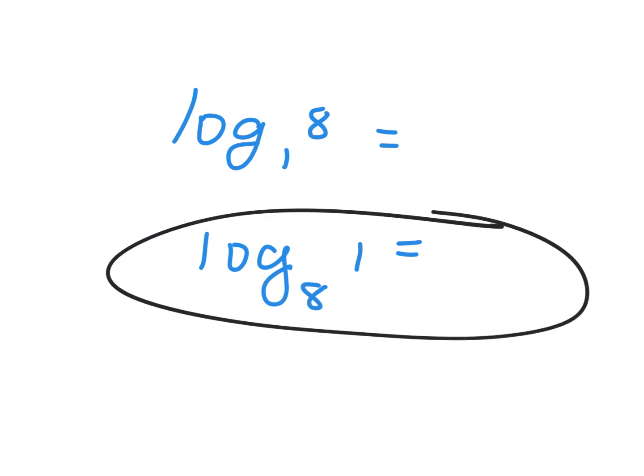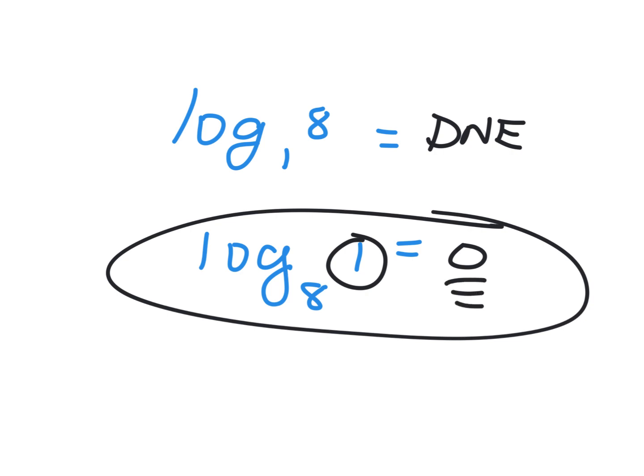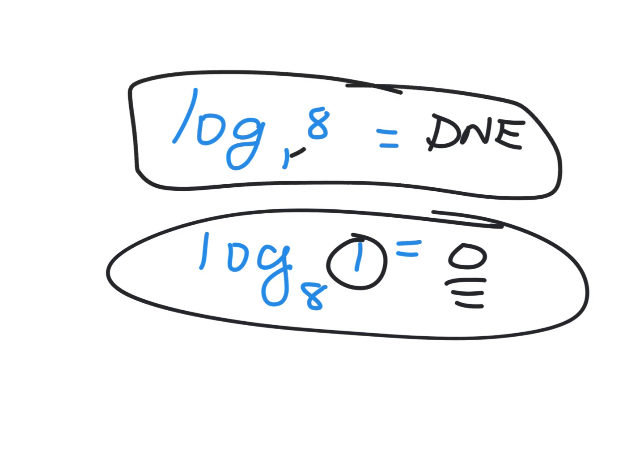Yeah, that one exists, and what's the answer? 0. This one does not exist. Can't have a 1 in the base, right? So I had this dumb little saying, if you won the argument, you get nothing, you get 0. But that's different than not existing. This does not exist because you can't have a 1 in the base.